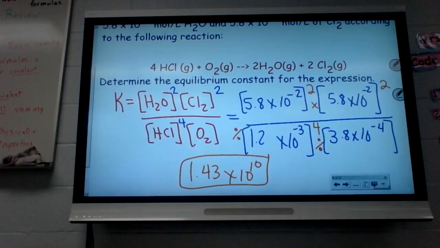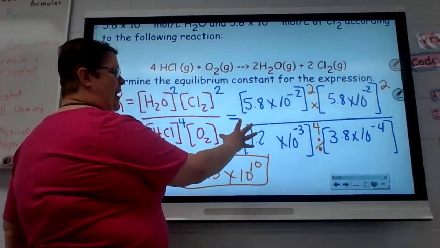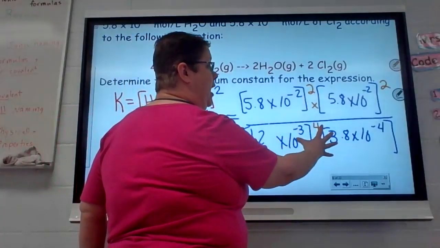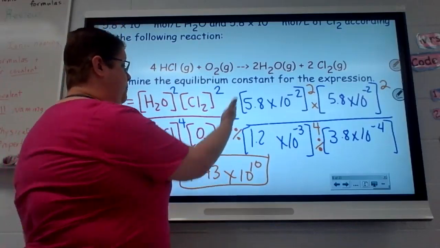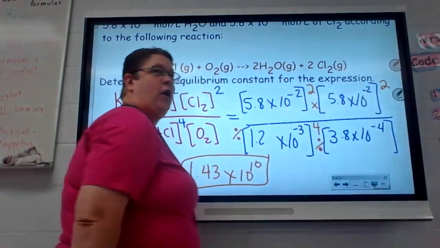You see right here? See how you said times that number? You should say divide that number. Guys, those of you who got 2,073, you messed up your order of operations. You said divide here, and then you said multiply here. You cannot do that. You're going to need parentheses if you're going to do that.